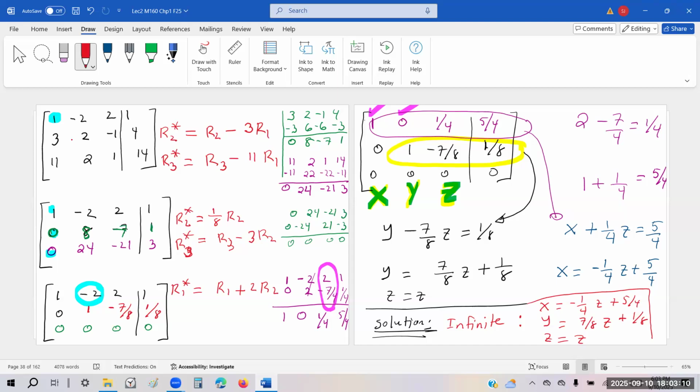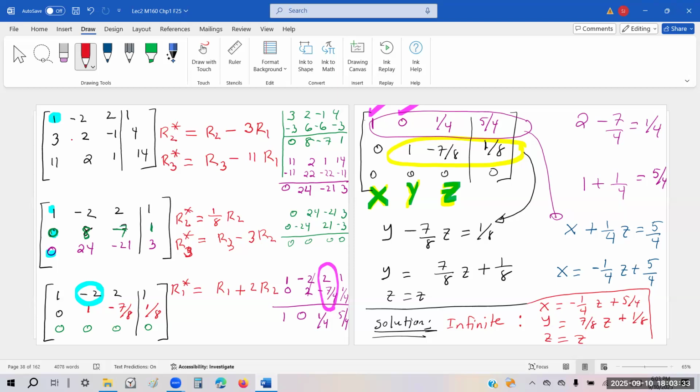So what many books do is they assign z a different variable. For example, they say z is t. That means y is in terms of that t and x is in terms of this t. So you can assign a different variable, but you cannot assign any symbol.